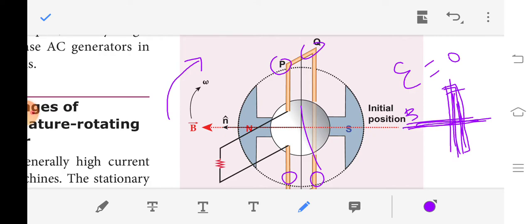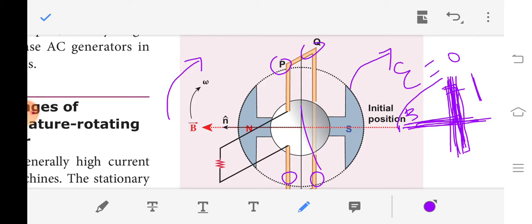The magnetic field is then rotated further by 90 degrees clockwise, moving from here to this position. In this position, the magnetic field and the coil are parallel to each other, which means the induced EMF will be maximum.